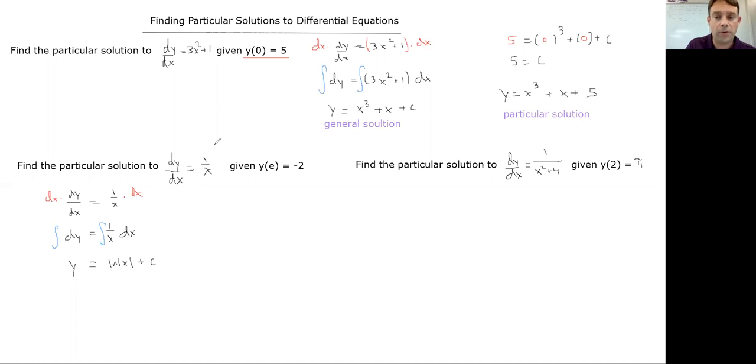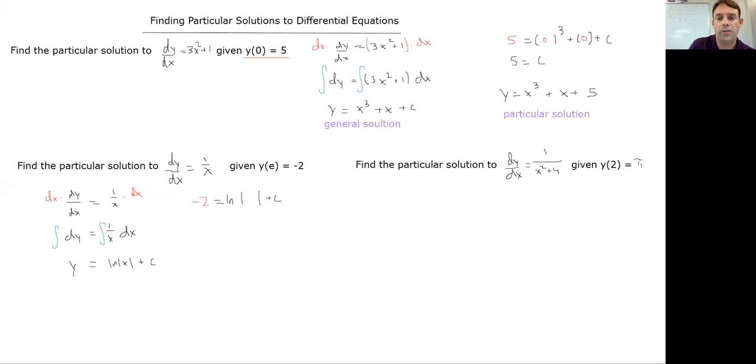Now I've got to figure out the particular solution. So I'm going to plug -2 in for my y. Apparently I wanted to plug in -3 for my y. Let's try that again. -2 equals the natural log of e plus c.